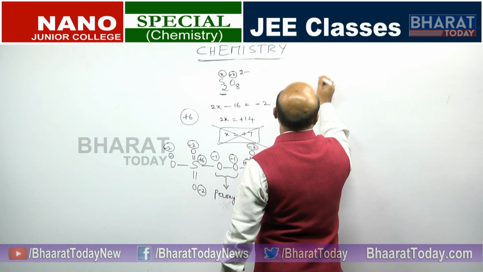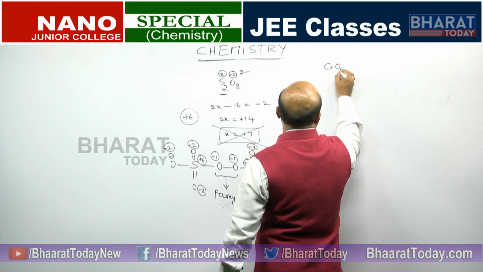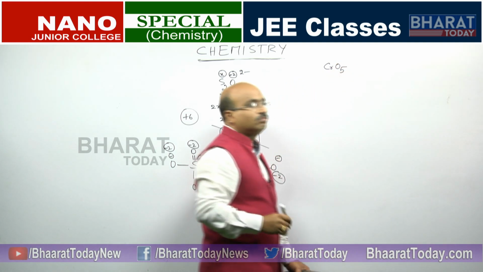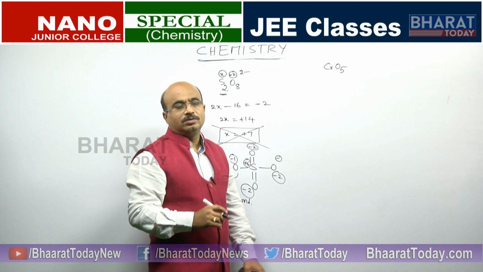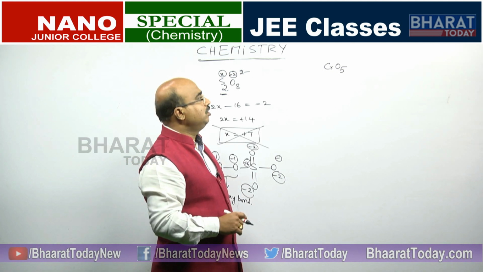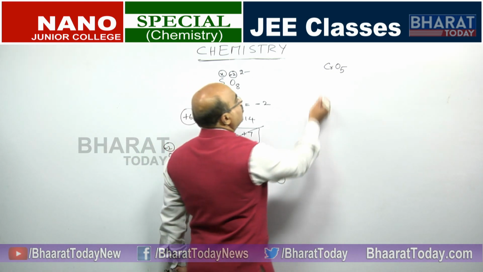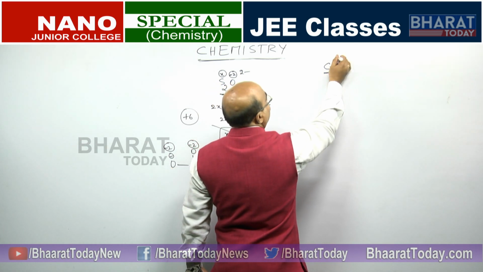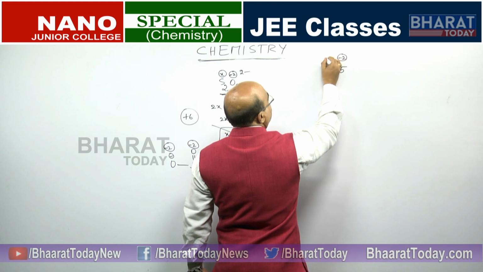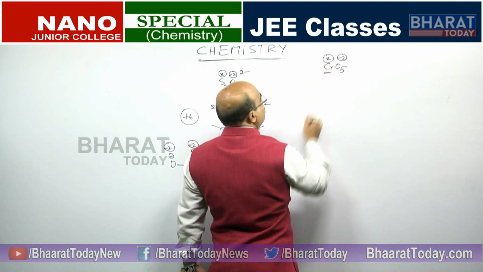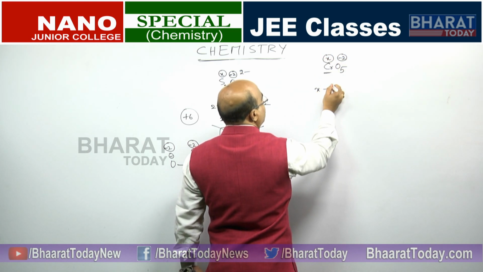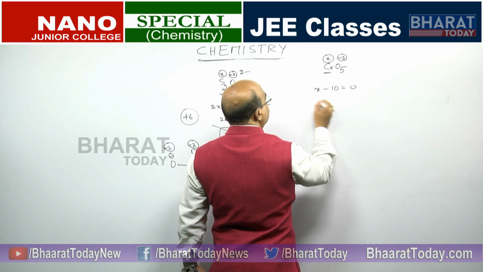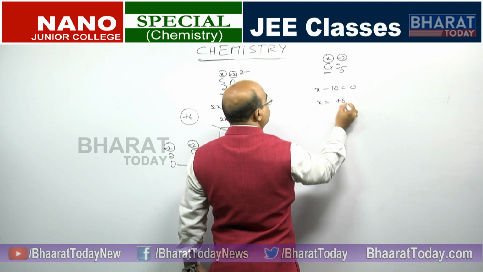Suppose you take this type of compound, CrO5. Now, what is the oxidation state of chromium? Normally, we assume again -2 for oxygen, and this is X. So, we will say X minus 10 is equal to 0, X is equal to +10.